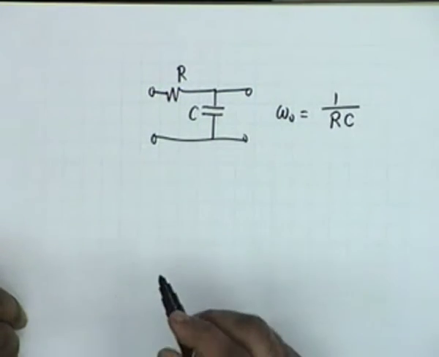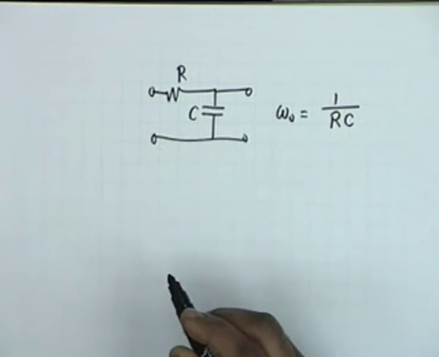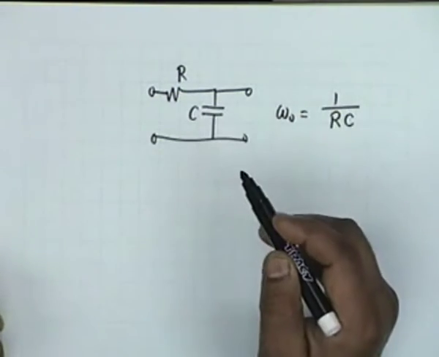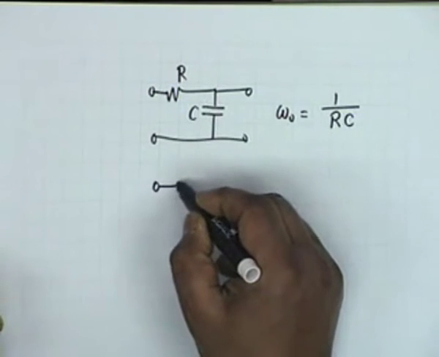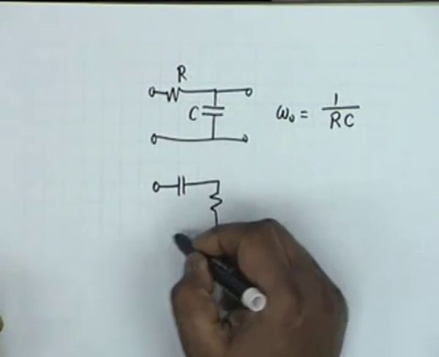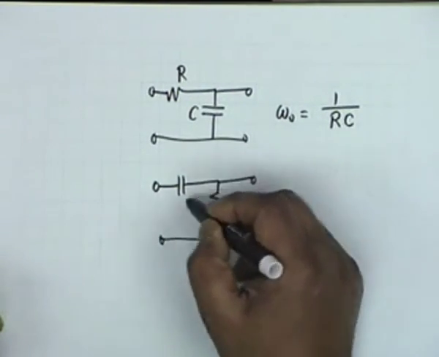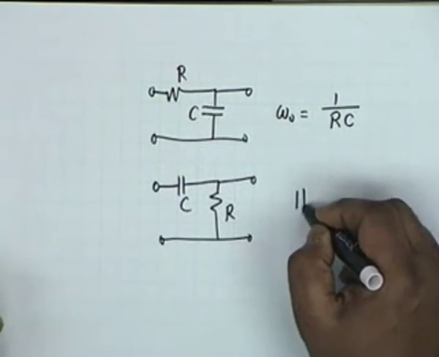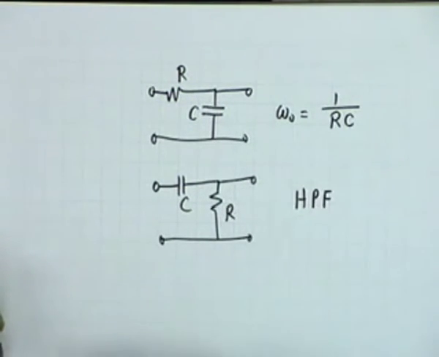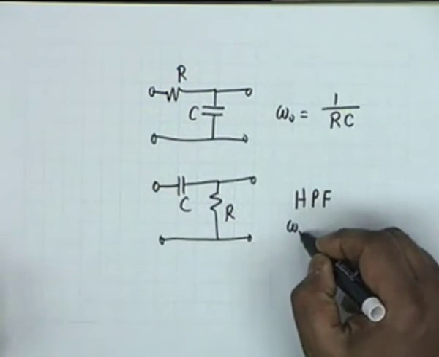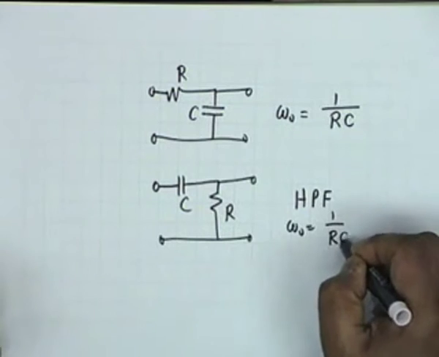Now, by a similar reasoning, one can say that if the capacitance and resistance are interchanged, that is, we have C and then an R, then this circuit shall act as a high pass filter with a half power or cut-off frequency given by the same quantity omega 0 equal to 1 by RC.